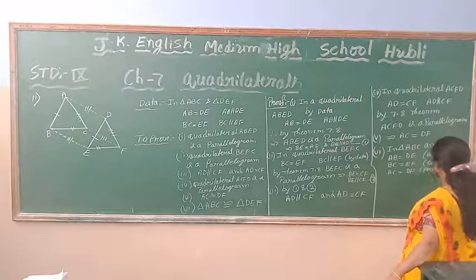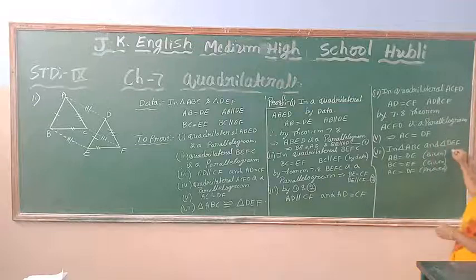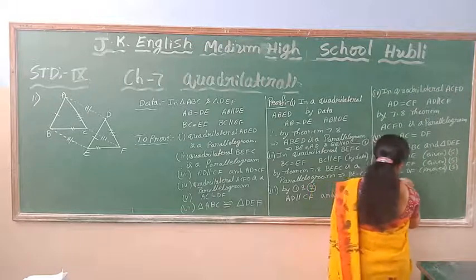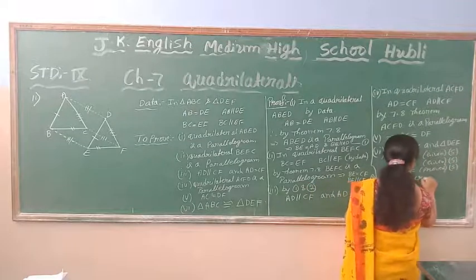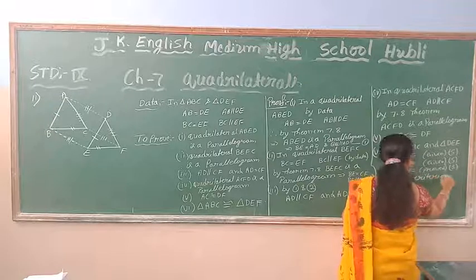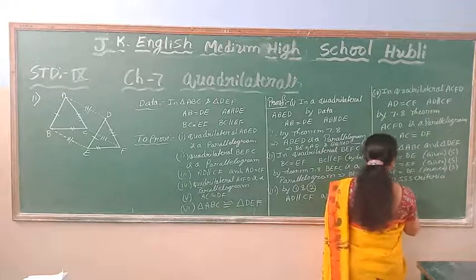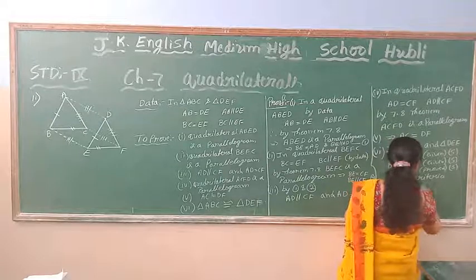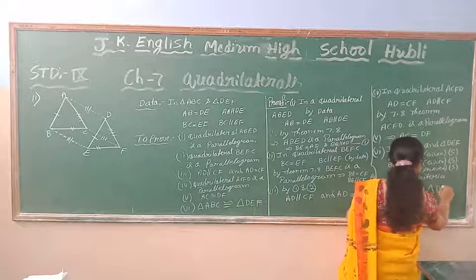So by SSS criteria, side criteria, both the triangles are congruent. Triangle ABC is congruent to triangle DEF.